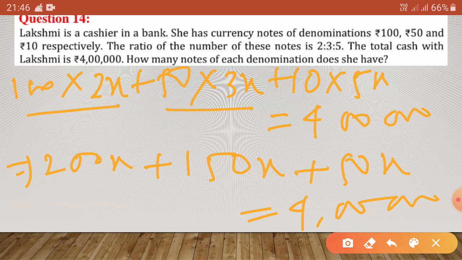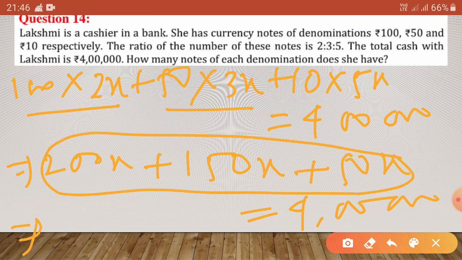Now if we add those values on the left side, it gives us 400x equal to 4 lakh.